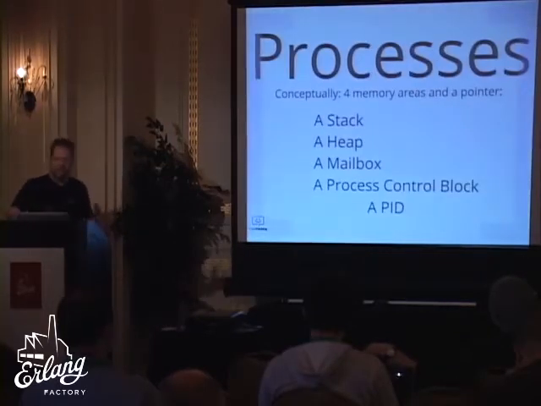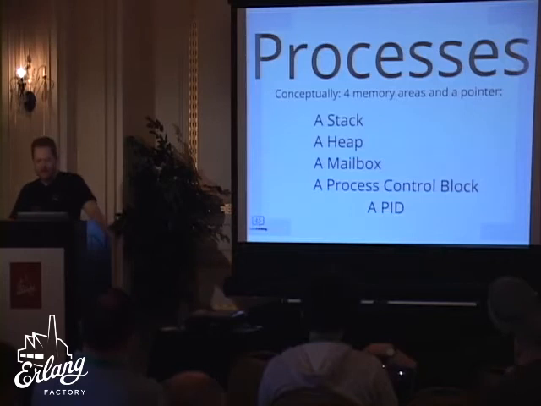So processes, conceptually, it's just 4 memory areas and a pointer. You have the stack, the heap, a mailbox where you get your messages, the process control block, and then there's the PID that actually points to this process.